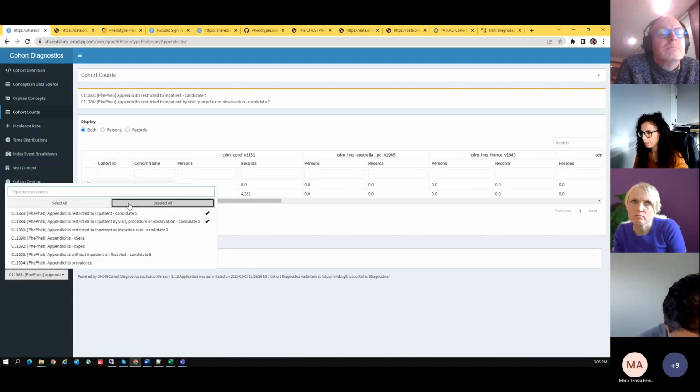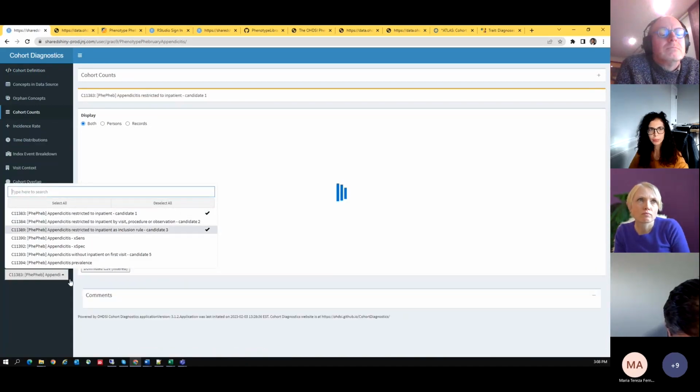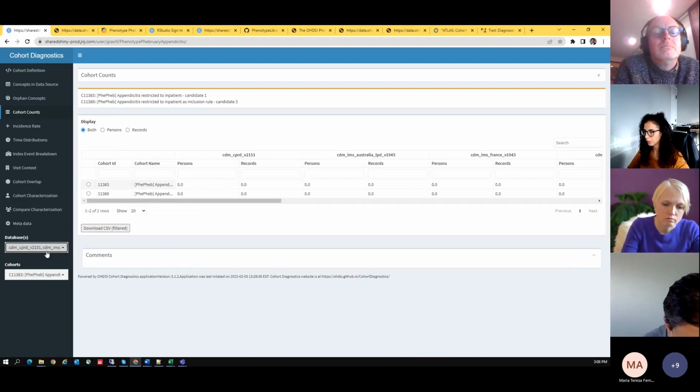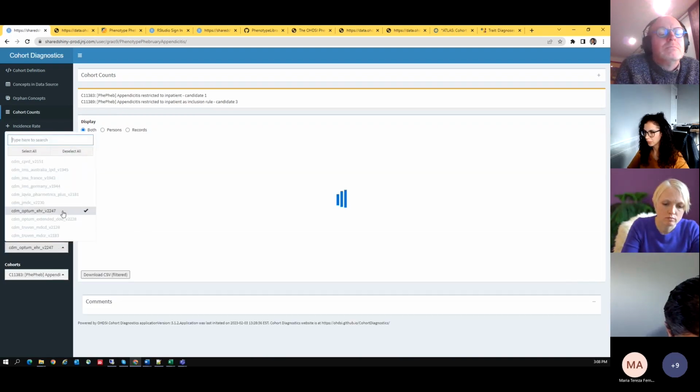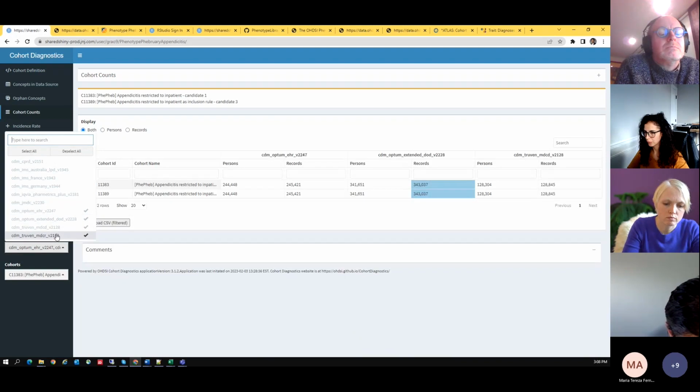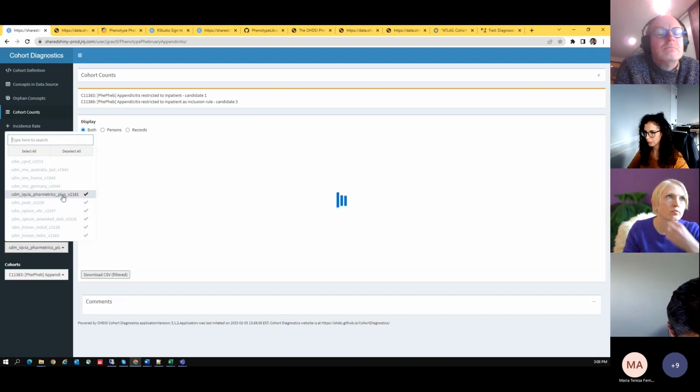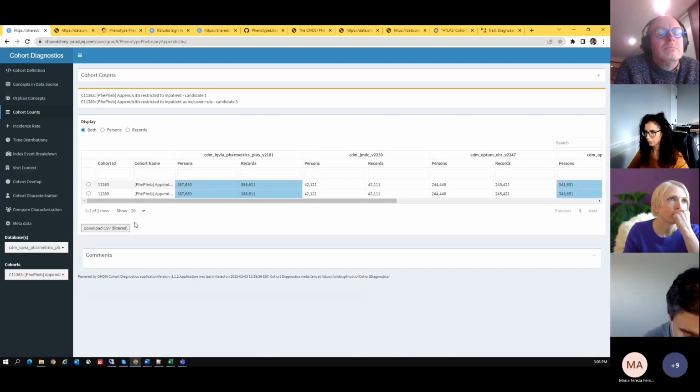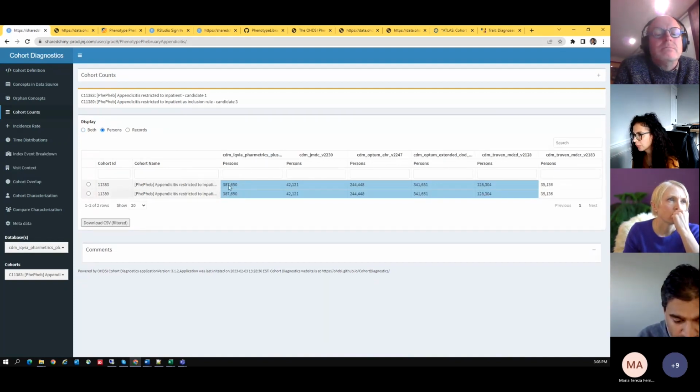I have 1 and 2, and I'm going to restrict to the data sources that have inpatient. I'm going to restrict to persons for clarity. This is a different tool with a different URL.